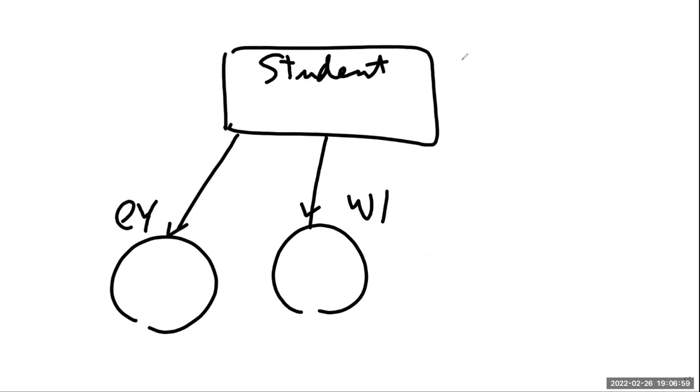Now I have a new data field, and I need to determine whether it's static or non-static. This one is GPA. Eric, should GPA be static or non-static? It should not be static. Yeah, it should be personal data, so it should be an instance variable, non-static.